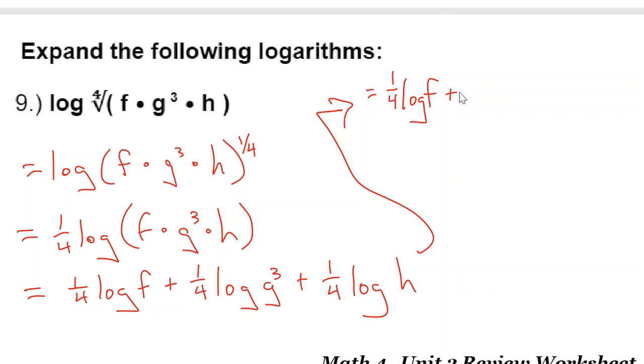That 3, well, you would normally take the 3 and bring it out in front of the log and say 3 times log of g. Well, we've already got 1/4 times log of g, so we're going to say 3 times 1/4 times log of g. Well, 3 times 1/4 is 3/4.